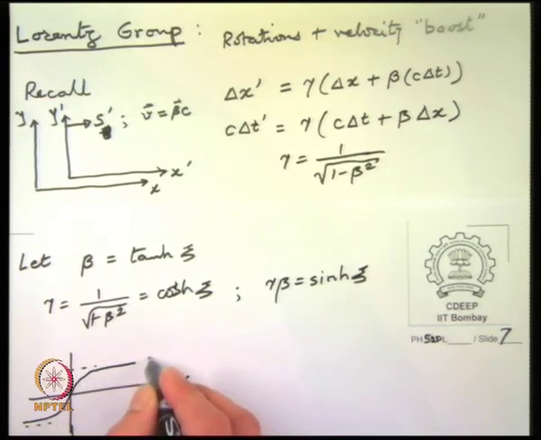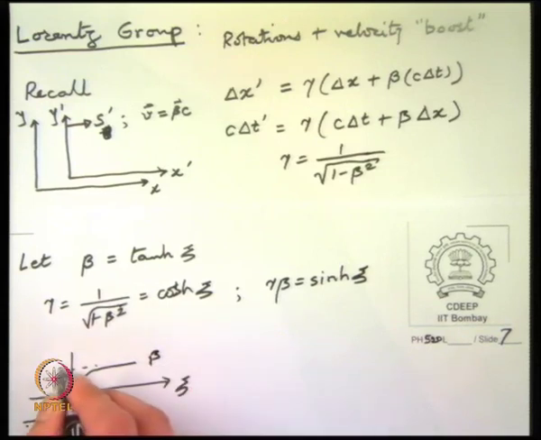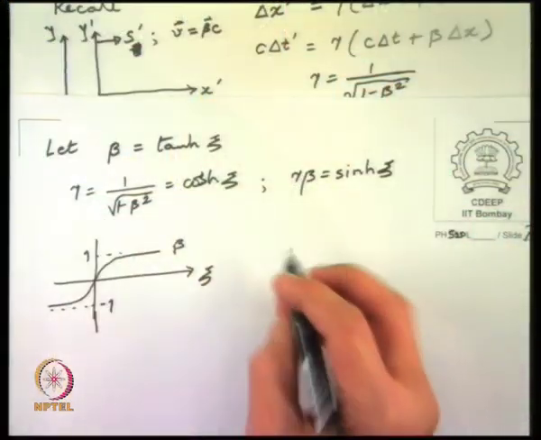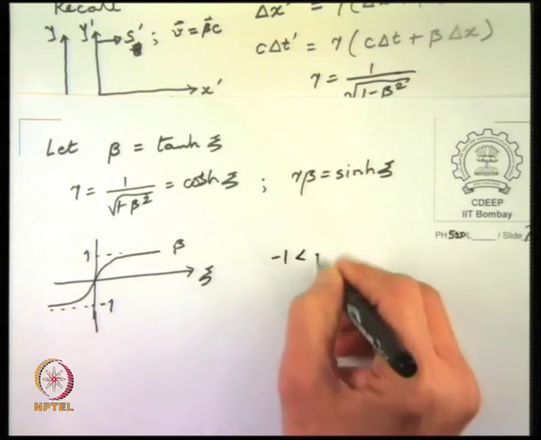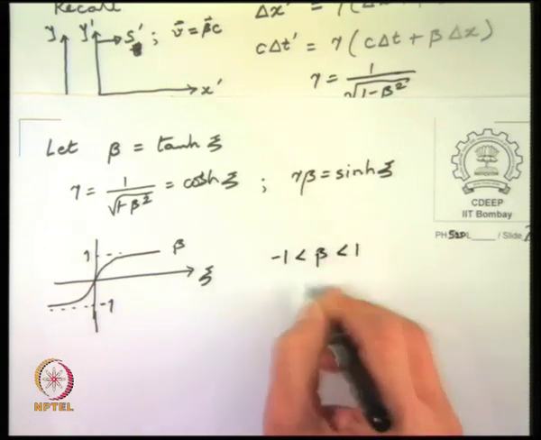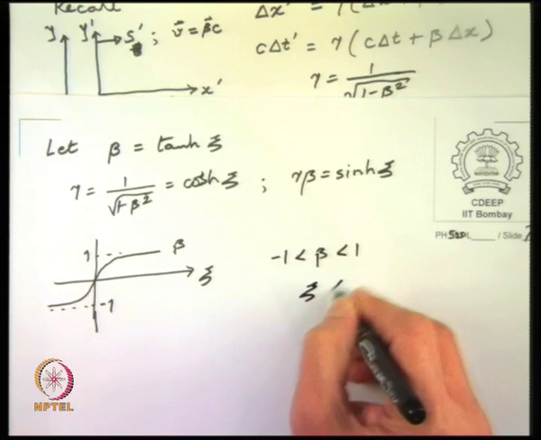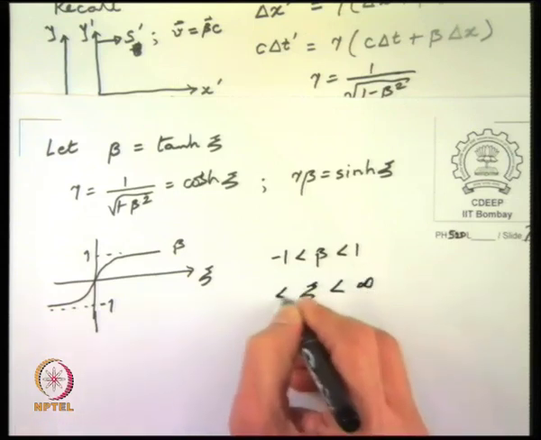So beta will look like that, because anyway the beta parameter is V by C, so it can't exceed +1 or -1. But then the psi parameter is free to go between -infinity and +infinity. So -1 less than beta less than 1, whereas psi goes from -infinity to +infinity.